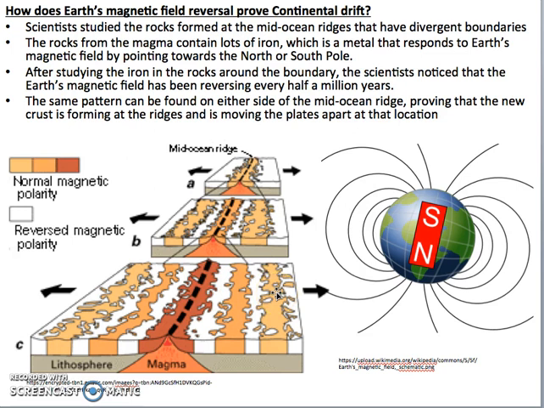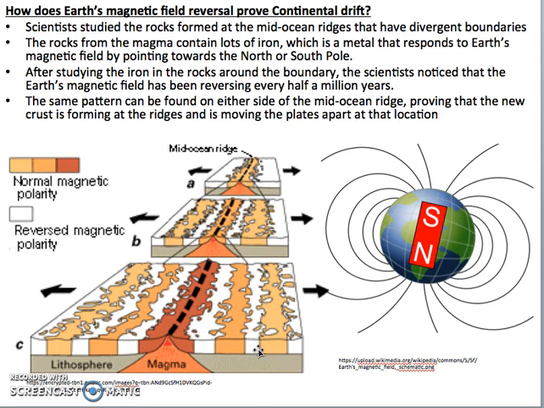And the reason why there's a striped pattern is because every 500,000 years, the Earth has been reversing its polarity, meaning that the north and south poles flip. And because of that, the iron in these rocks is also flipping direction. And so here, this might be facing north in this direction, but these will be facing north the other direction, and this will be flipped again, and this will be flipped again.